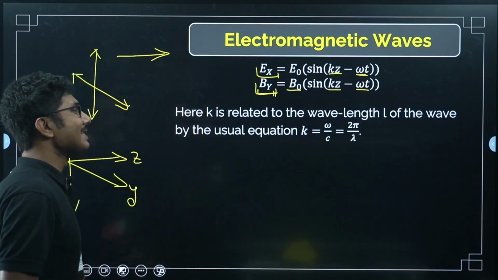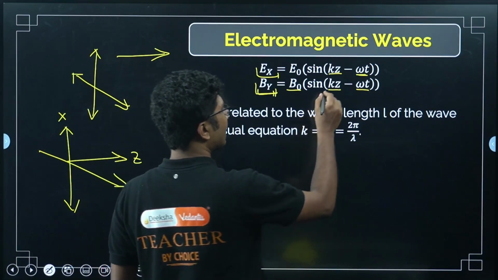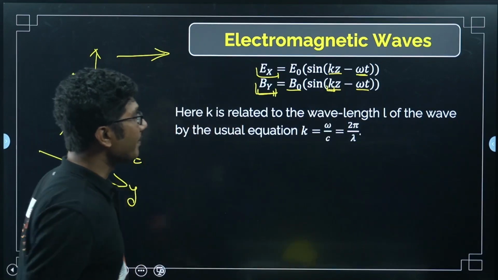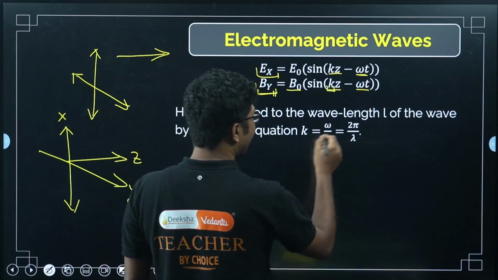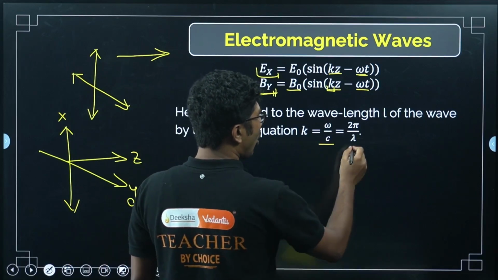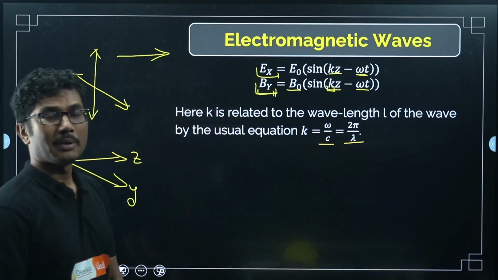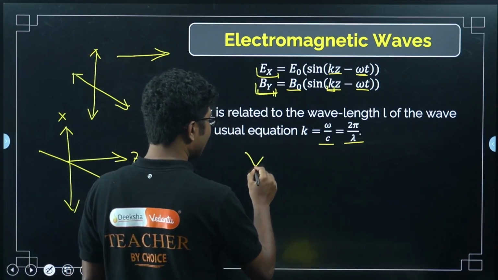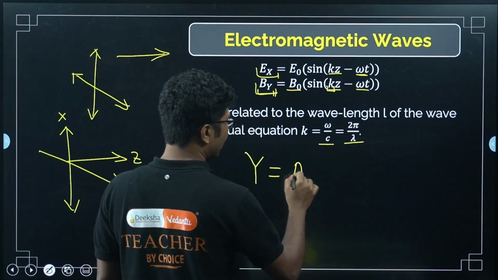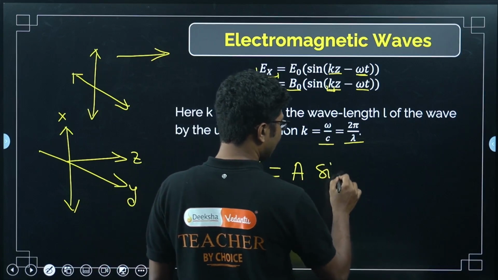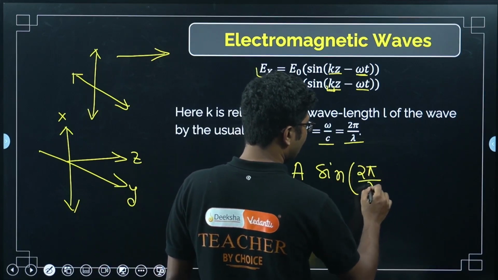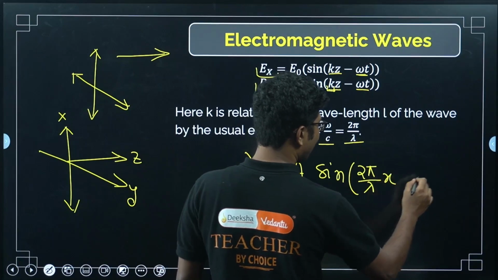Here k is very important. k is called the wave number, and it is related to wavelength by this formula. k is basically omega by c, also 2 pi by lambda. If you remember the wave equation from the past where you learned y is equal to some amplitude times sin(2 pi by lambda, x minus omega t).